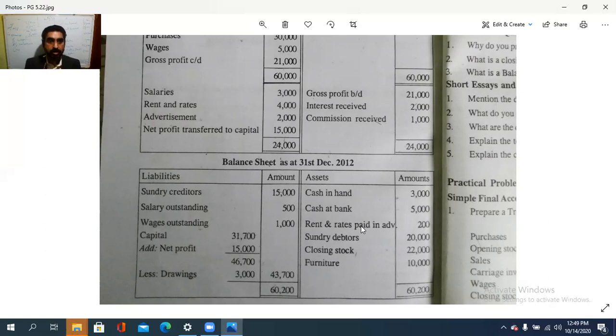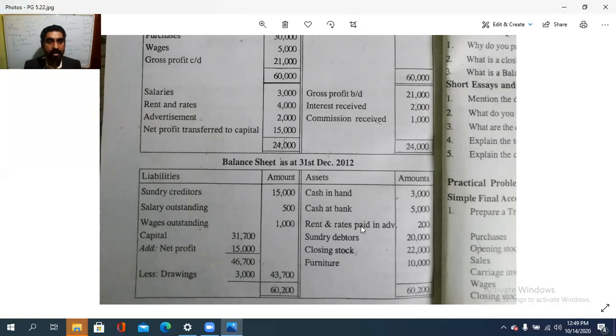Only one adjustment is there, closing stock. If it is given in the trial balance, only one area needs to be taken, the balance sheet asset side. Otherwise, whatever comes in the adjustment area should be shown in two areas, either in trading or profit and loss account, and in the balance sheet, asset or liability side. So with that, we come to the end of the portions, fundamentals of accounting.